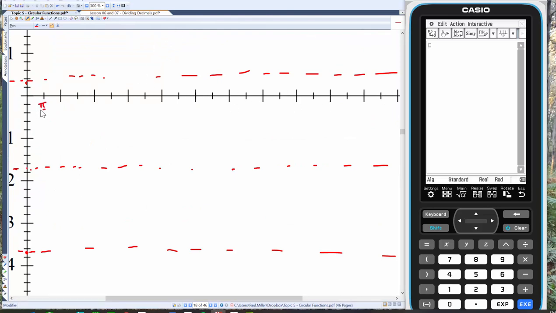So this is going to be pi on 12. This is going to be 2 pi on 12 or pi on 6. This is going to be 3 pi on 12, which is pi on 4.